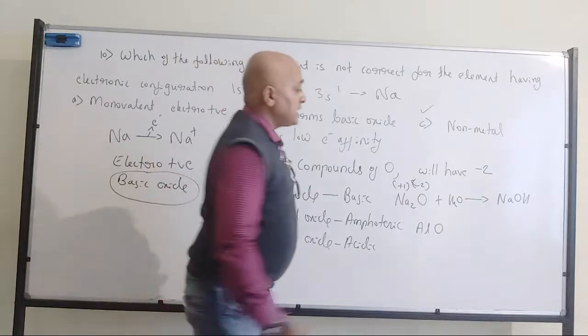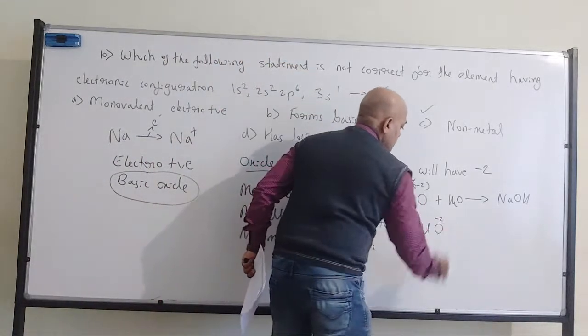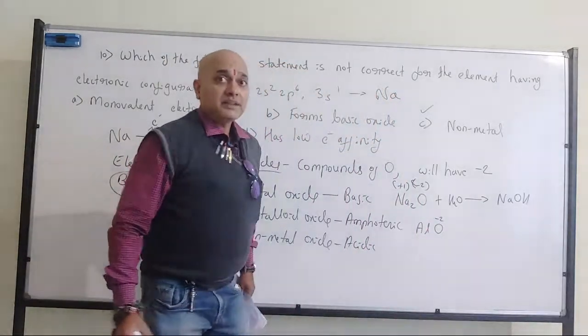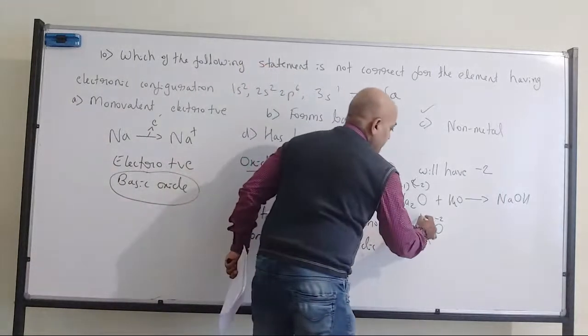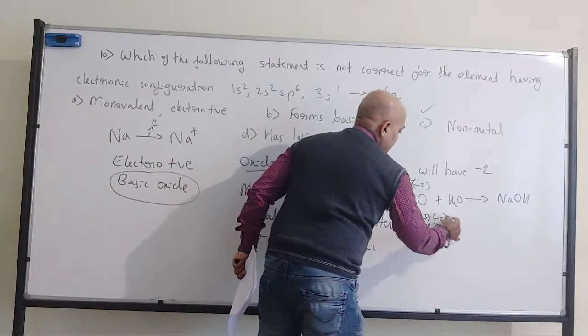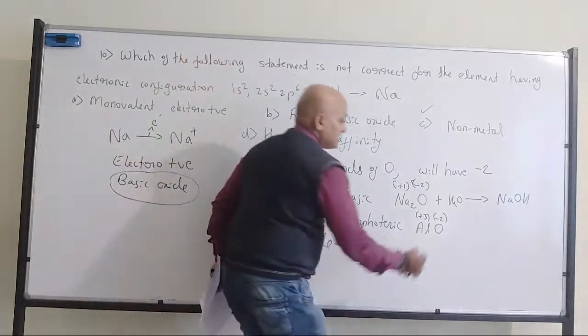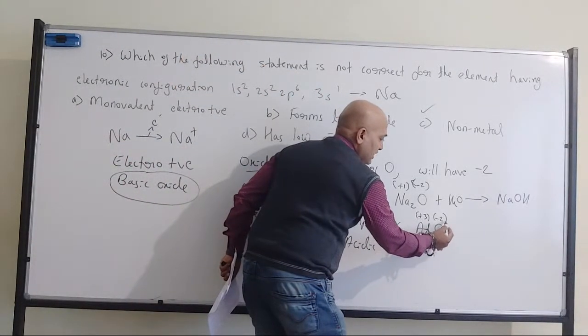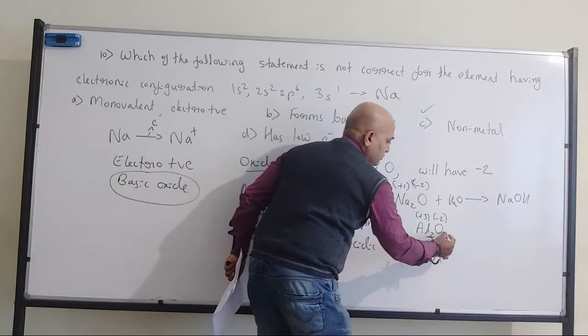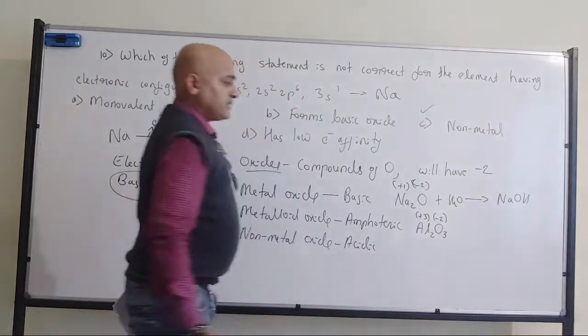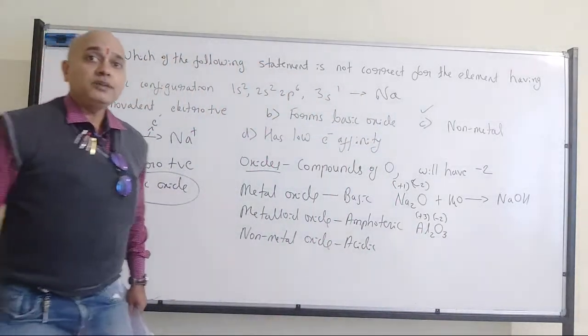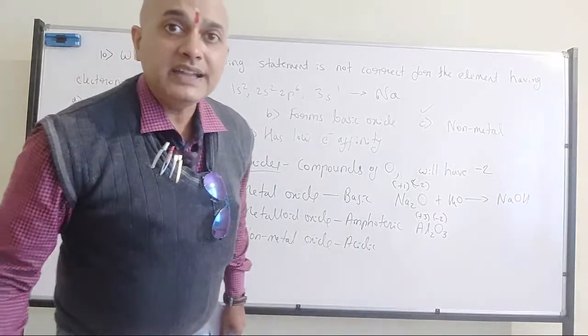Oxygen is -2. Aluminium can attain +3. So what should be the formula? Cross multiply. 3 should go here, 2 should come here. Al2O3. So therefore we have the aluminium oxide, Al2O3.